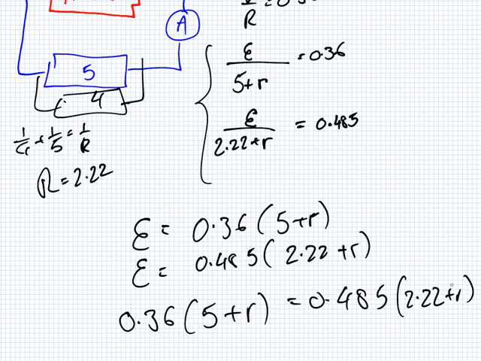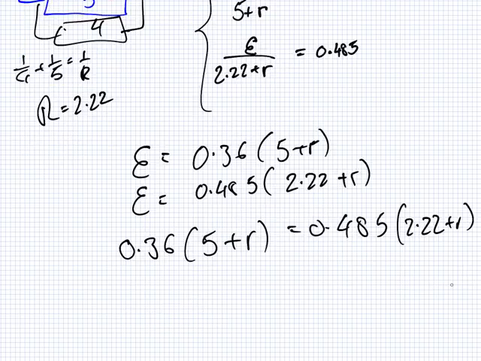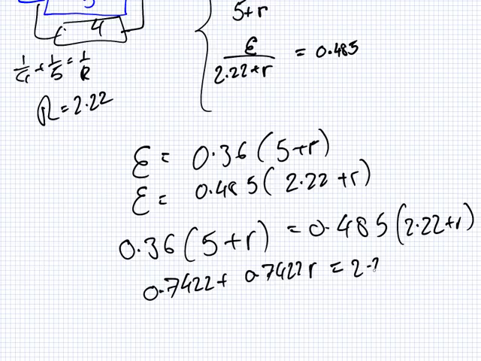Let me see. So take that down, and I'll get 0.7422 plus 0.7422 r equals 2.22 plus... No, something went very wrong here.